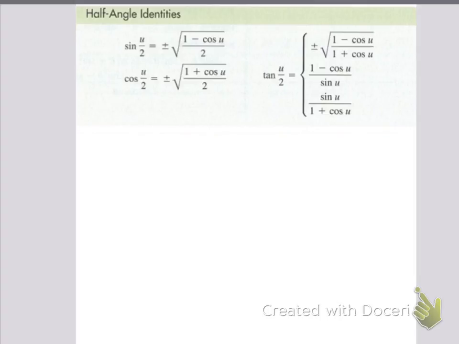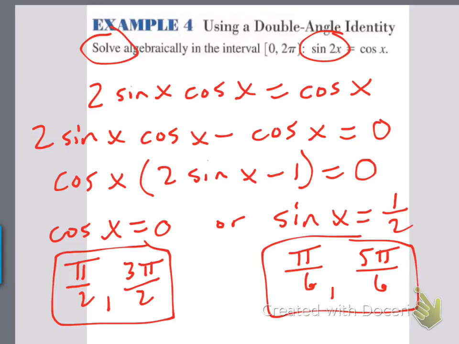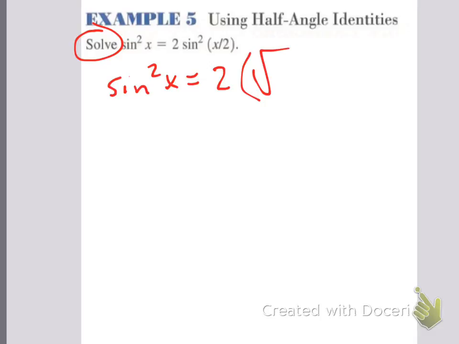By the way, if I squared both sides, that would get rid of the square root sign.